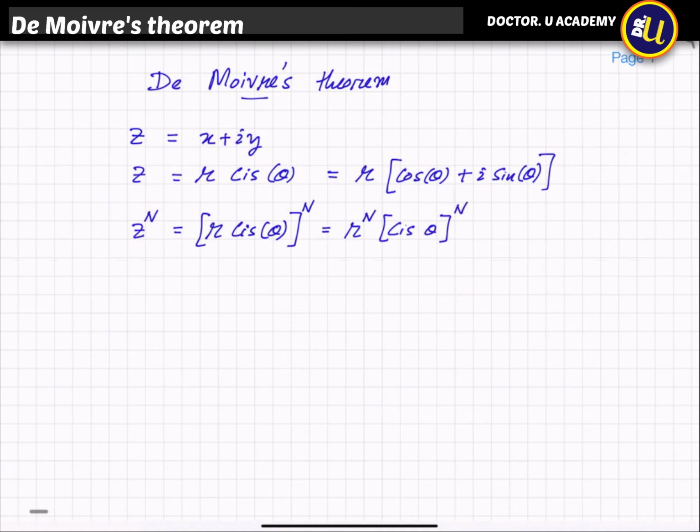So de Moivre's theorem is saying that r to the power n, this n is absorbed here, so then it would be cis n theta. So this is what is happening in de Moivre's theorem. You are going to absorb the power inside the system.